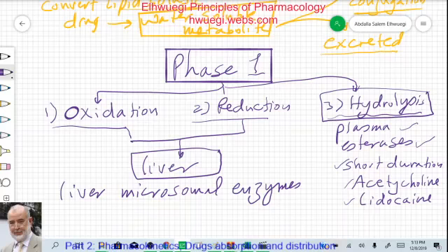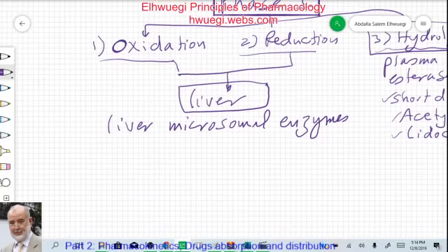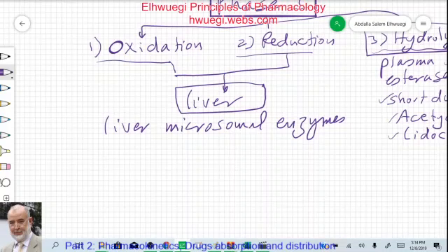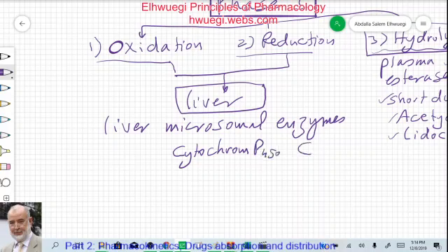Therefore, oxidation and reduction take place in the liver by liver microsomal enzymes, especially the cytochrome P450, which are known as CYP450.